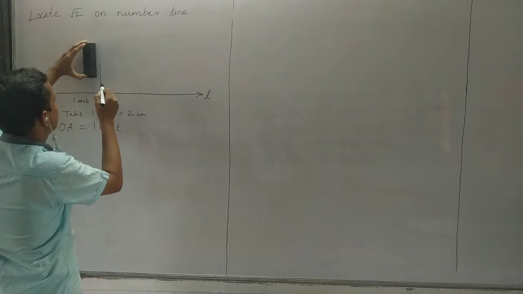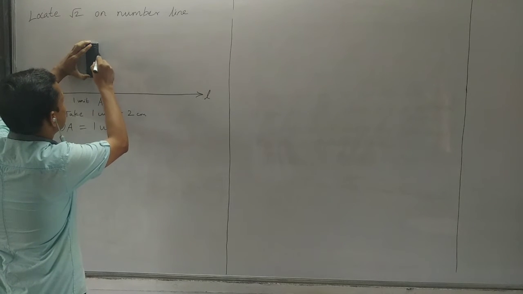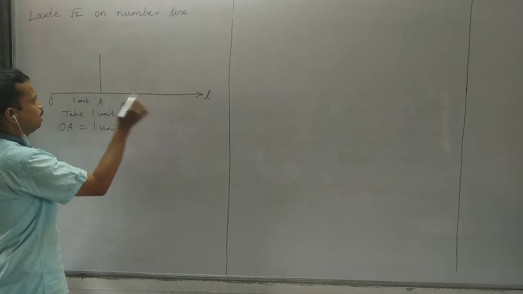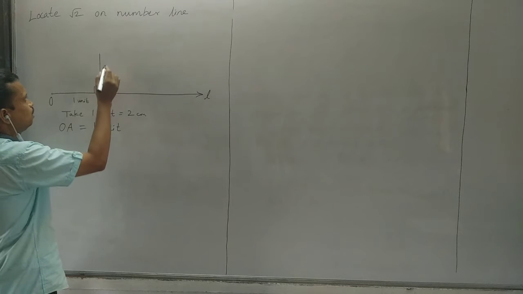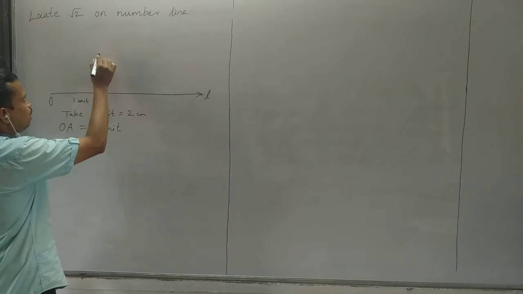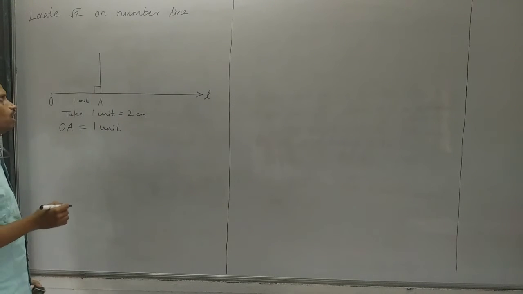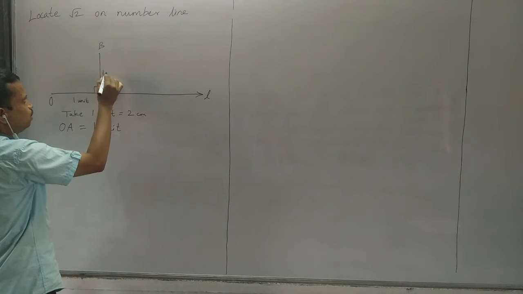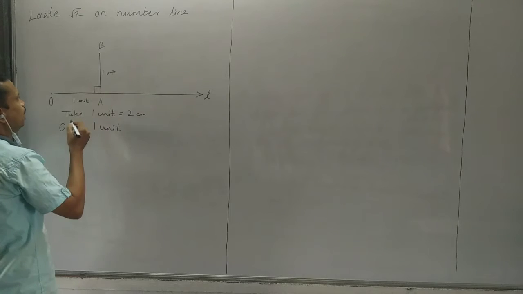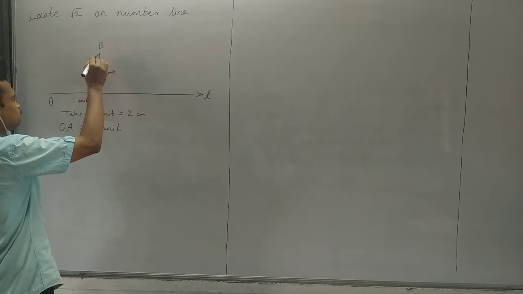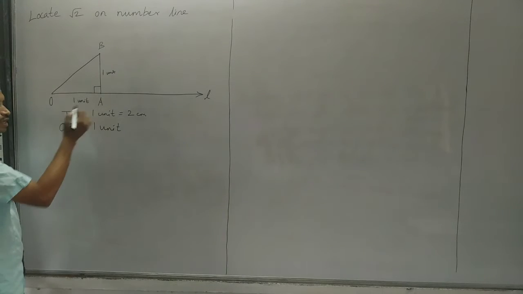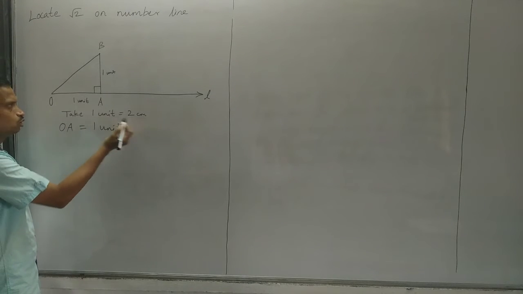And from here, you draw a perpendicular to this line, and mark 1 unit. Take this as B, 1 unit, and join OB. Now you see OA is 1 unit, 2 centimeter.